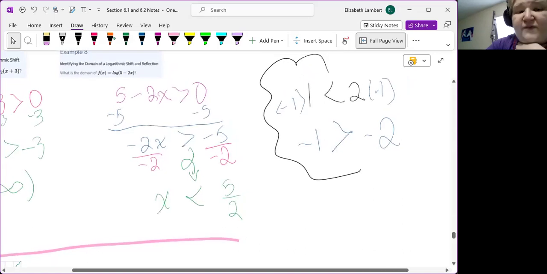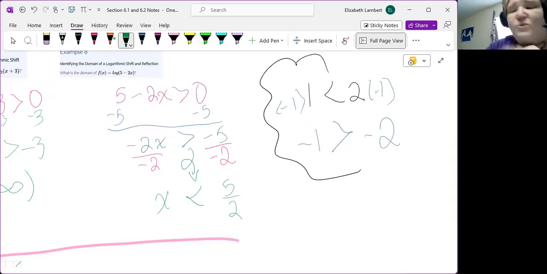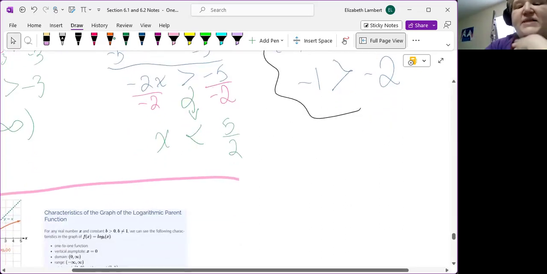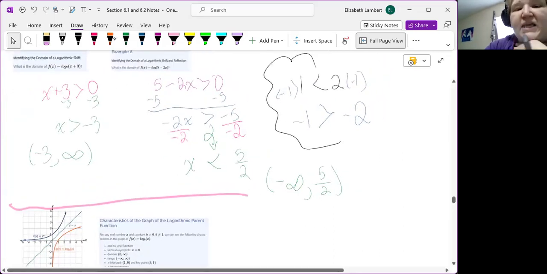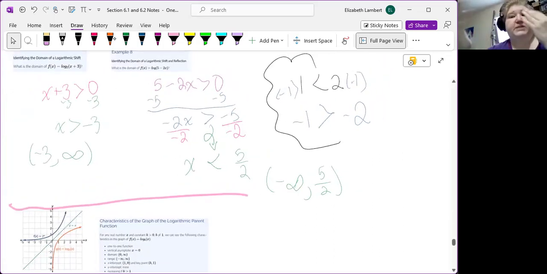Now, if up here, instead of minusing 5, I just added 2x to the other side and then divided by 2, I still would have had 5/2, but I would have had 5/2 is greater than x, which if I mirror the whole thing, x is less than 5/2. So as an interval, this is from negative infinity to 5/2. So it means that negative inside there flipped the graph left, right.